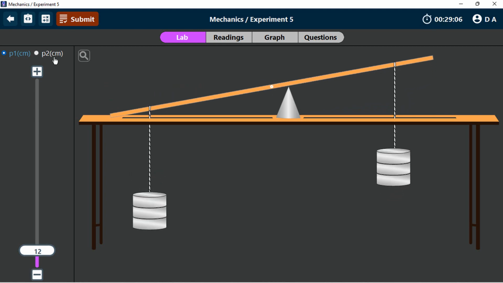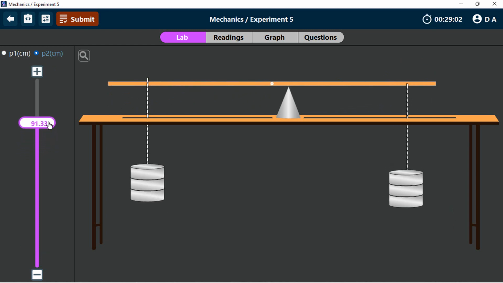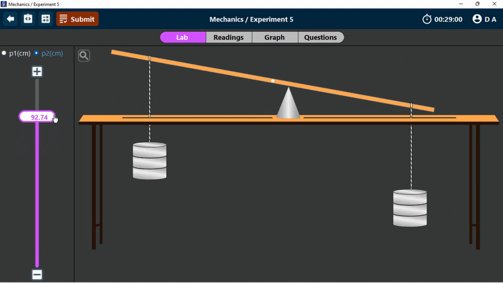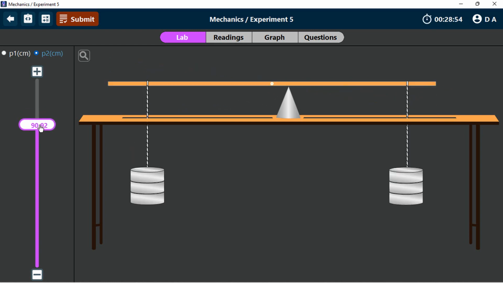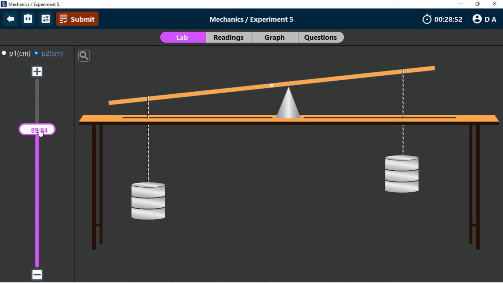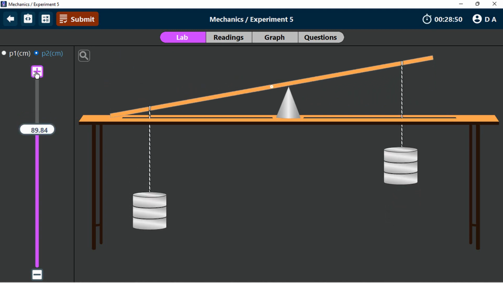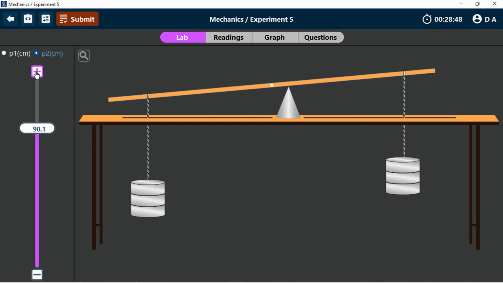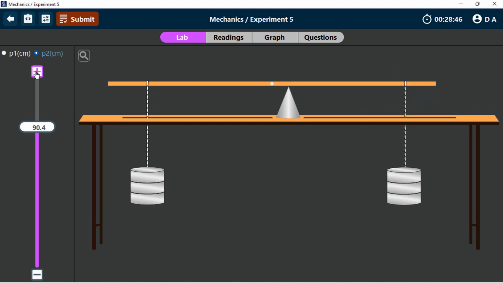Then the next thing is you want to adjust this P2, which is the second mass, until you balance the meter rule. So let's try to balance it and see where it balances. Let's increase it a little bit until we have it balanced. So this is balanced, which is perfect.